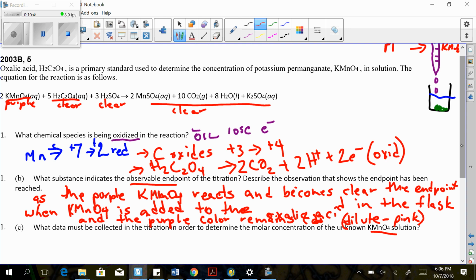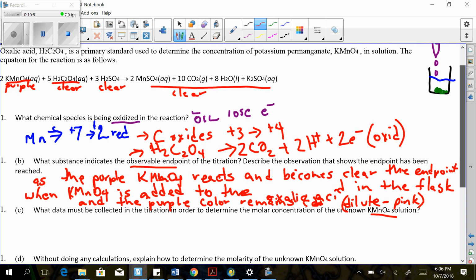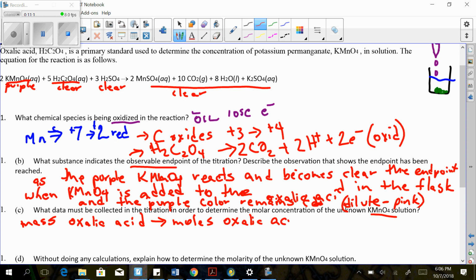If we knew the mass of the oxalic acid, we could figure out the moles of oxalic acid. So first thing we would want is the mass. Now, if we knew the moles of oxalic acid, then we could figure out, using the mole-to-mole ratio, how many moles of KMnO4.